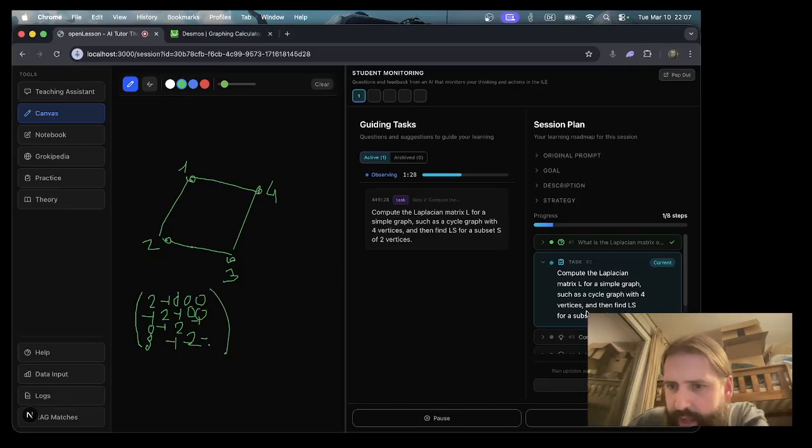And then find L_S for a subset S of 2 vertices. So let's say that we pick a subset S of 2 vertices. But don't I have to... this makes no sense, right? A subset S of 2 vertices.